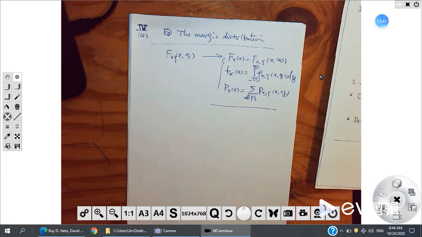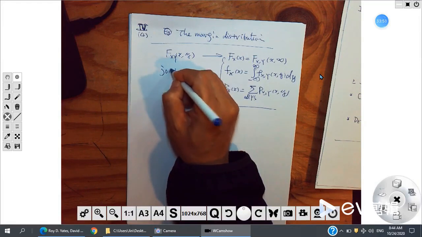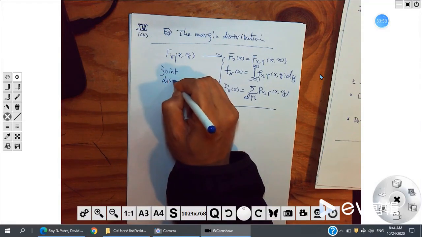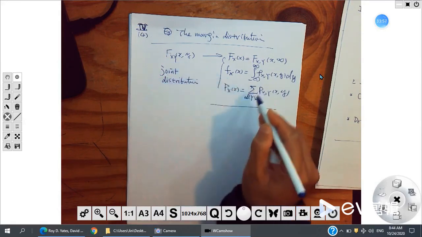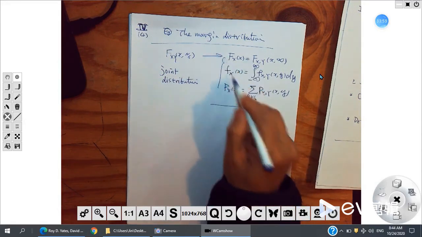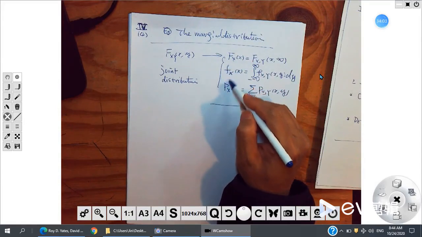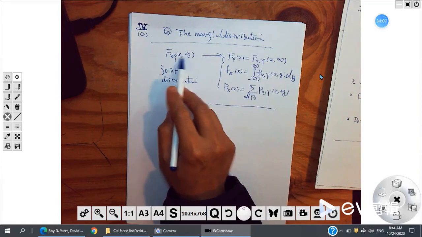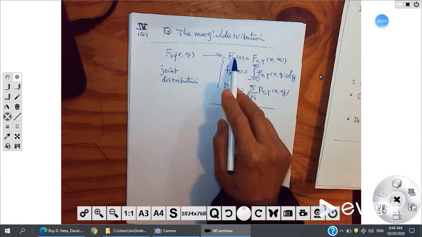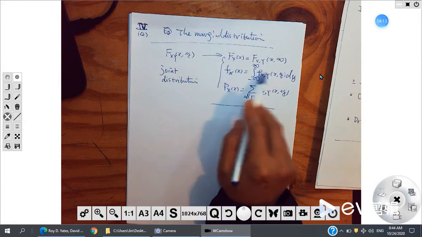So when you have a joint distribution, you can find the marginal distribution for each single variable. Here you have two random variables, and you have the joint distribution for both. Now, if you want to find the distribution for just one, you can work like this.